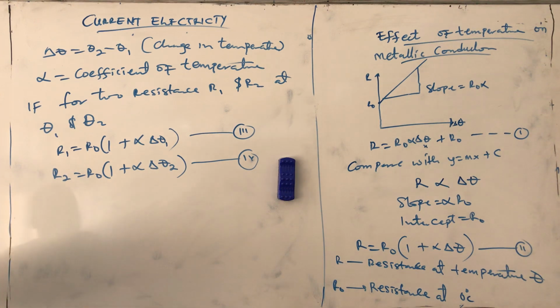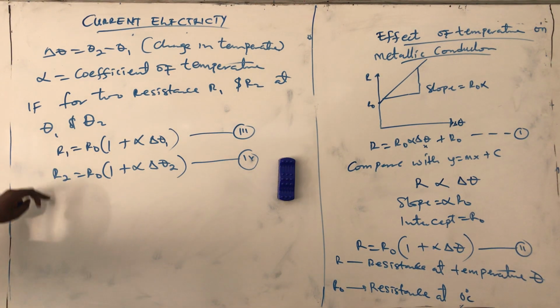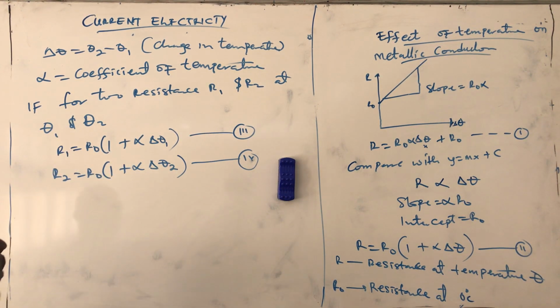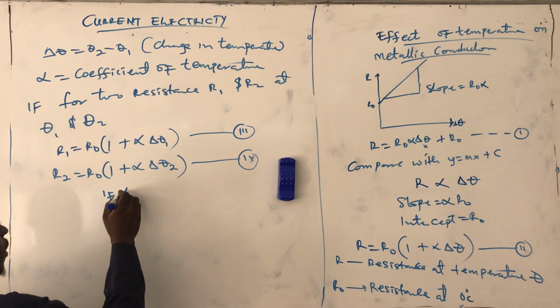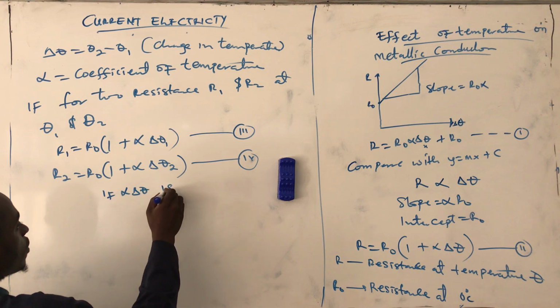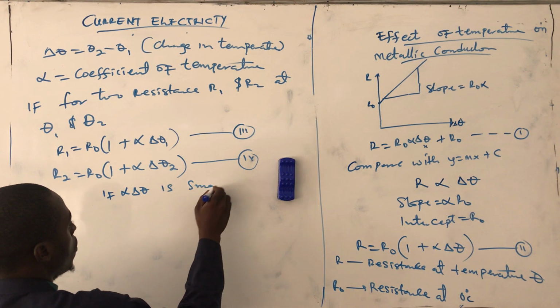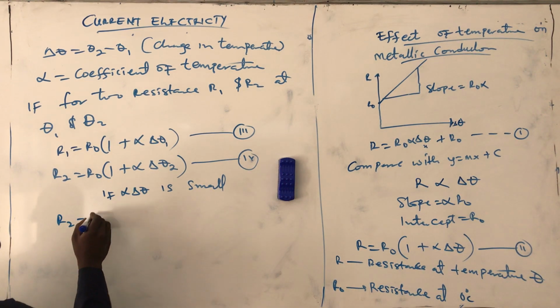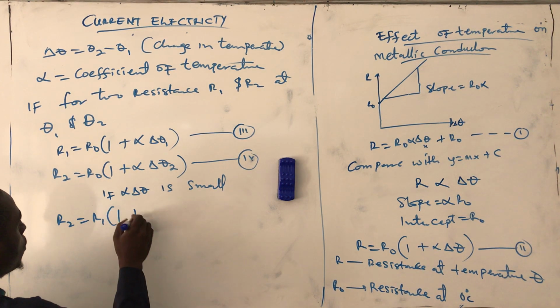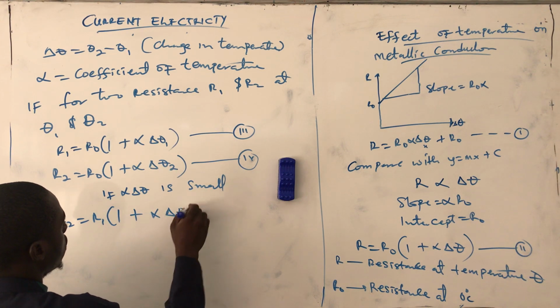If we are to solve this, we just say equation 3 divided by equation 4. If you solve the mathematics, if alpha change in temperature is small, then if you combine these two equations together, we are going to have R2 equal to R1 into 1 plus alpha change in temperature.